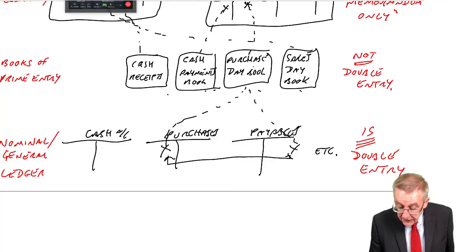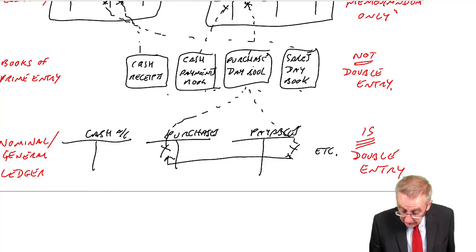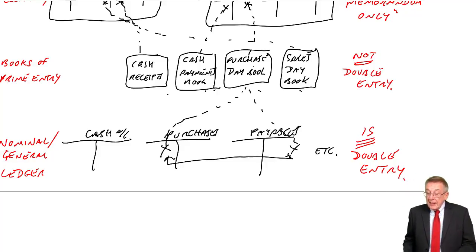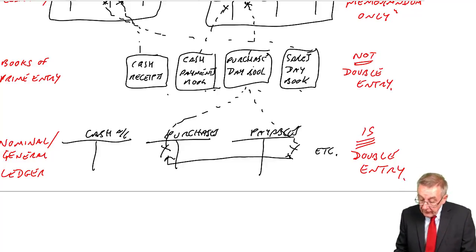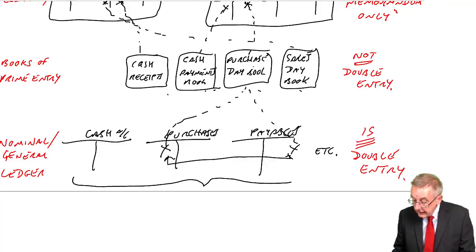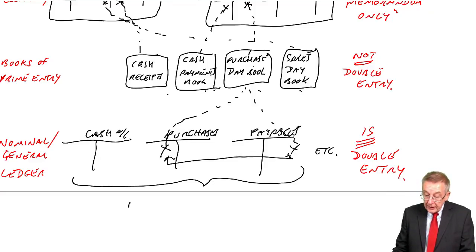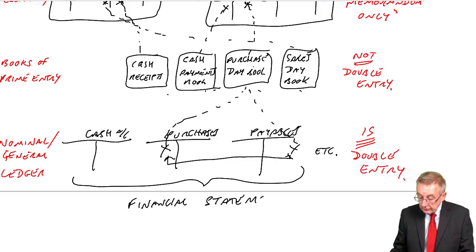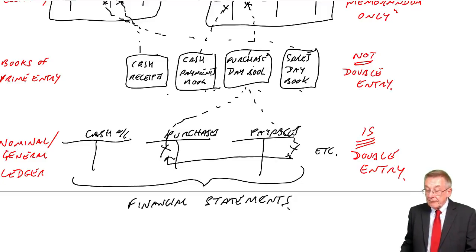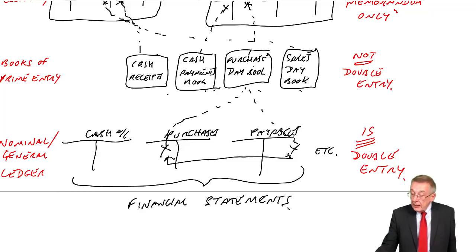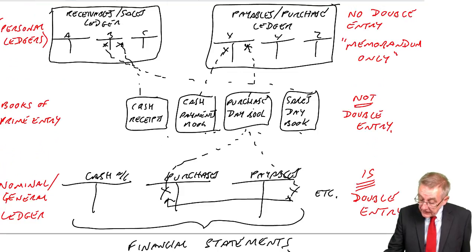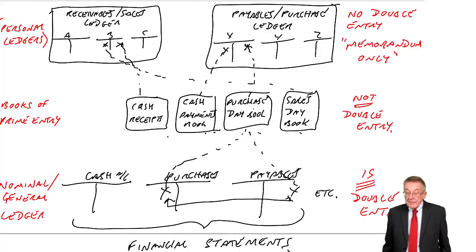And finally, of course, if I can try to change the colour here, finally, it's from the nominal ledger that we then carry on and would produce the financial statements. And so there we are. I don't know if that helps or not. I hope it does, but it just sort of summarises.